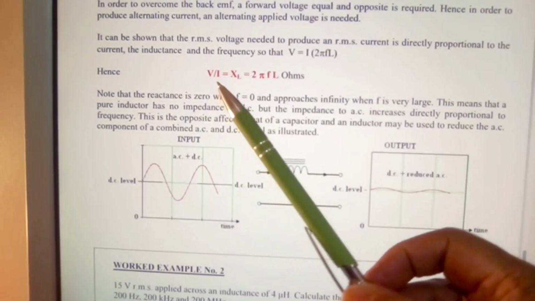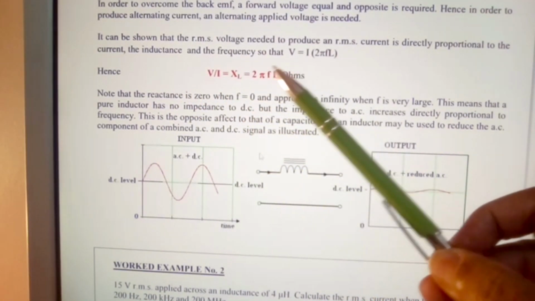Hence, V over I equals XL equals 2 pi FL in ohms.